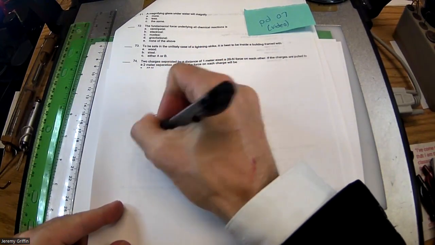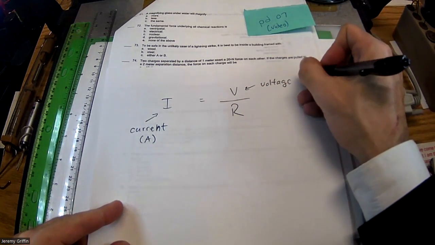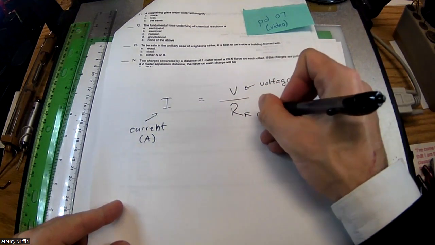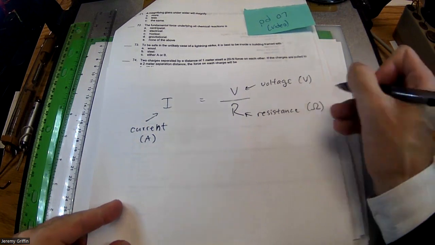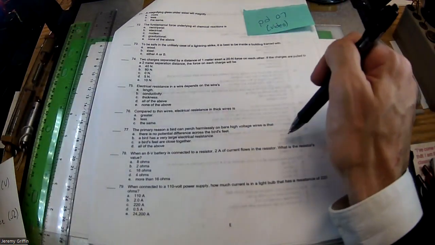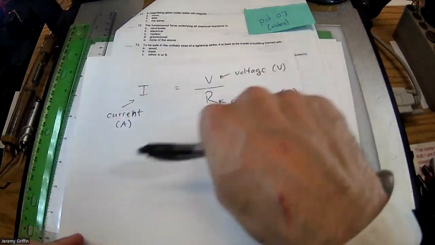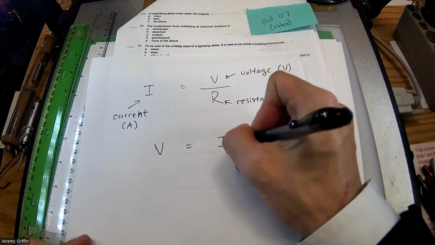Current measured in amps. I'll just call this voltage. Potential difference, voltage, measured in volts. And we got resistance measured in ohms, right? You guys remember all that? Right. Now, what are we trying to find here? What is the resistor's value? Okay. I'm going to rearrange this. Can I say the potential difference or voltage is equal to current times resistance? Okay.